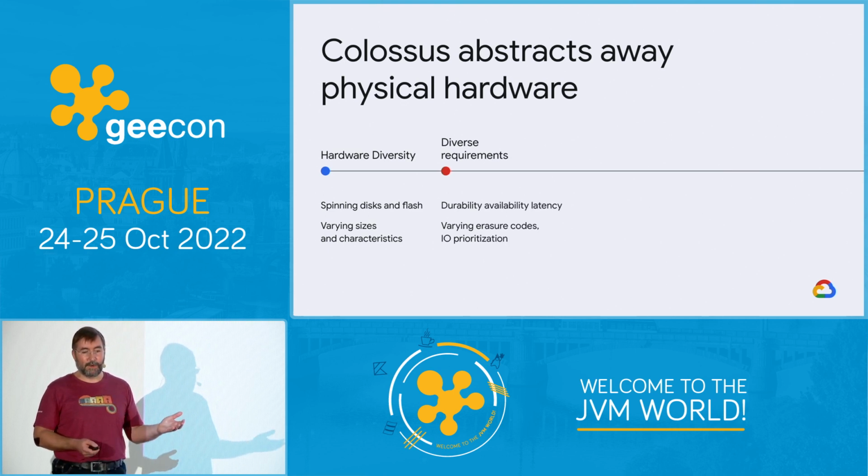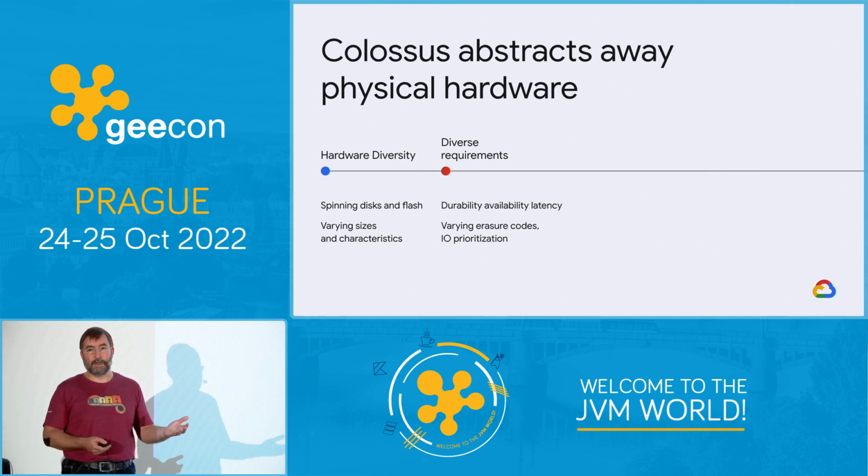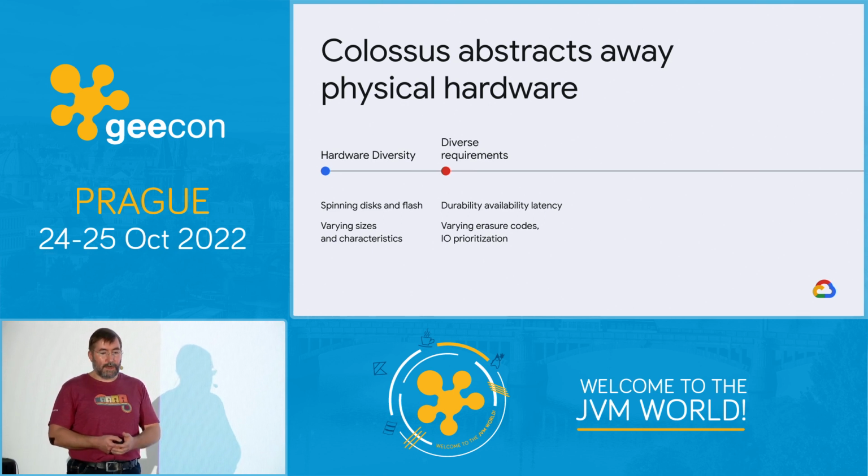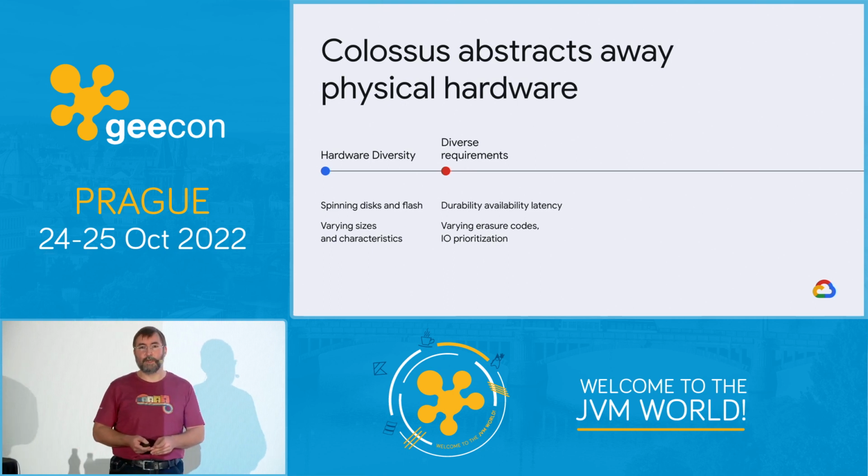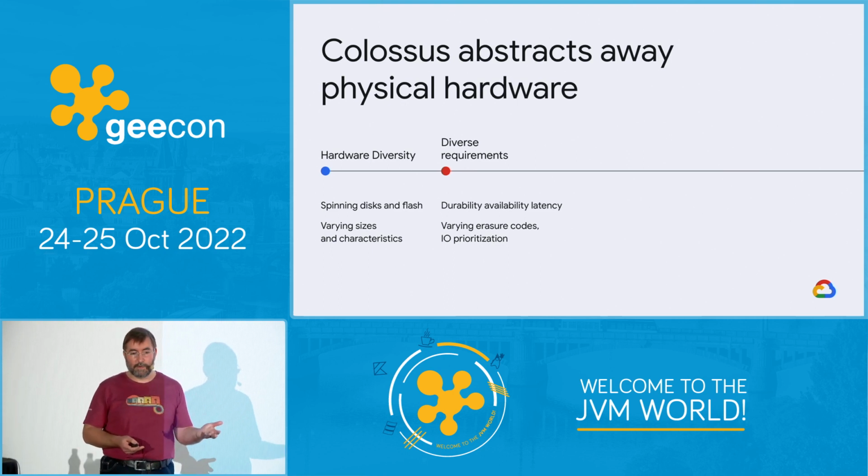The clients have different expectations on data durability. Maybe it's temporary data that you don't want to store too long. There are varying erasure codes, so this resiliency against failures, like how to make data withstand disk failures. Maybe some data is very, very important. Maybe some data is not so important, so if it fails, you can reconstruct it. So this is just a cost trade-off.